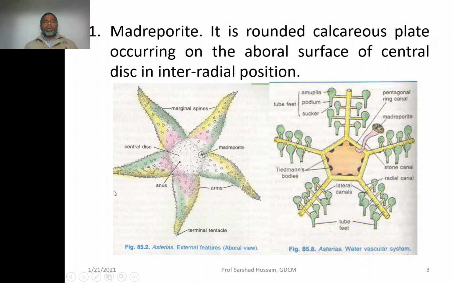This is one radius represented by this arm, and this is another radius. It is present between these two radii, almost at this position, in the center of them. So it is present in an inter-radial position.